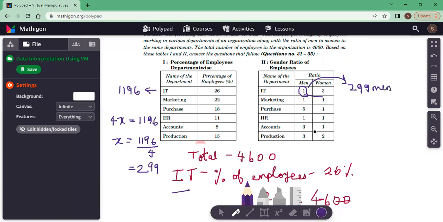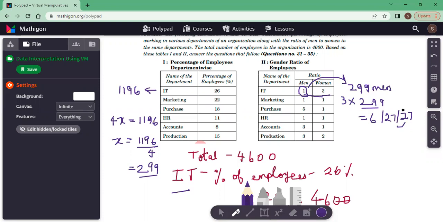Now let us see how many women work. So it is naturally 3 into 299. For this you need not multiply as it is. You can use again something called the dodging table method. So 3 9s are 27, again 3 9s are 27, 3 2s are 6.